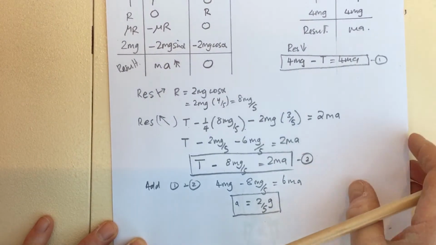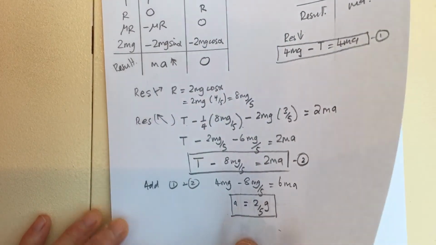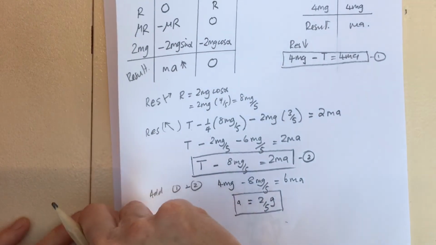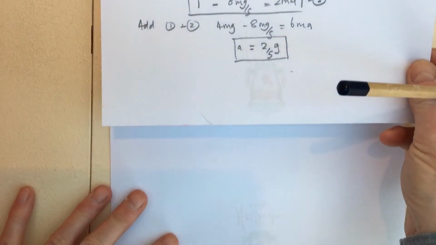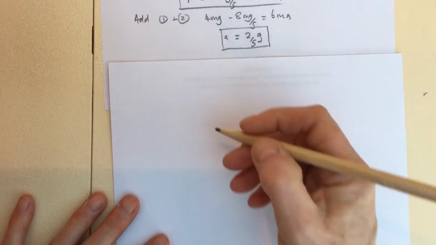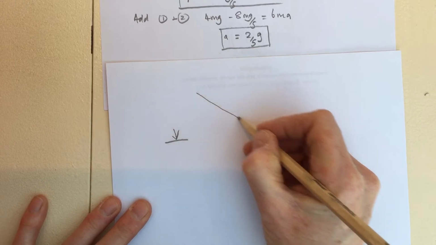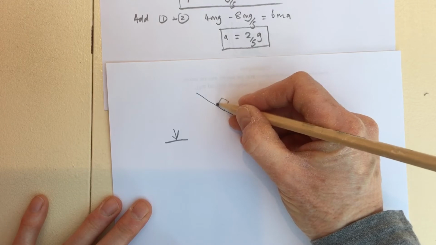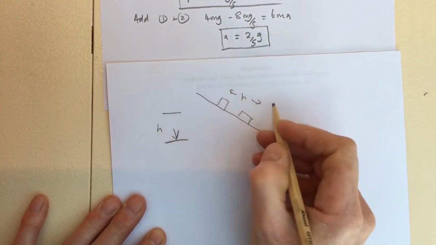Now in order to do the next bit, we need to think about what's going on here, because when it says particle B doesn't rebound when it hits the ground and A continues moving up the plane, what actually is happening is that B hits the ground and A moves up the plane a distance h, and that distance h is with tension.